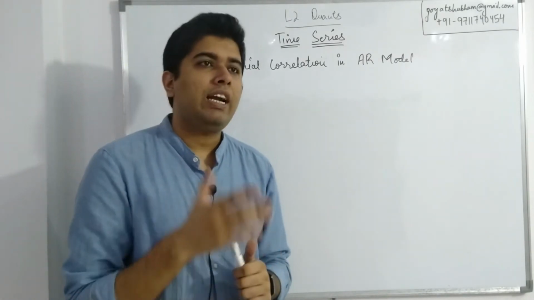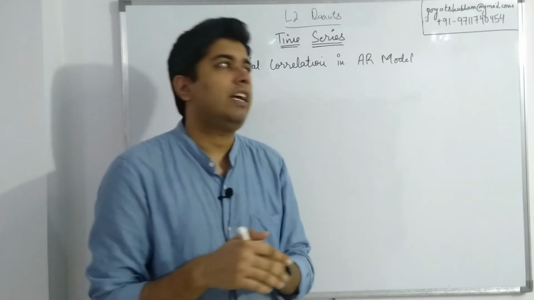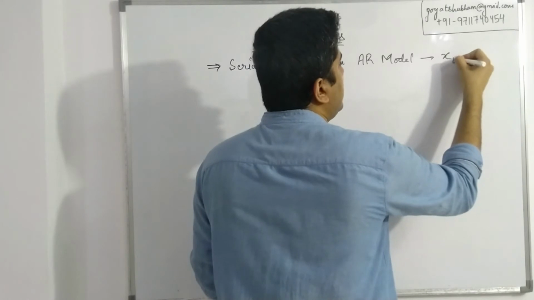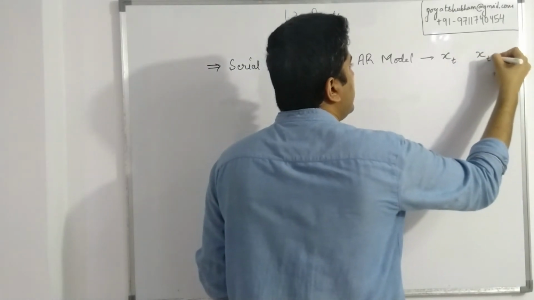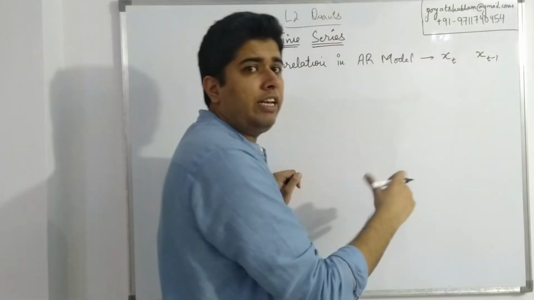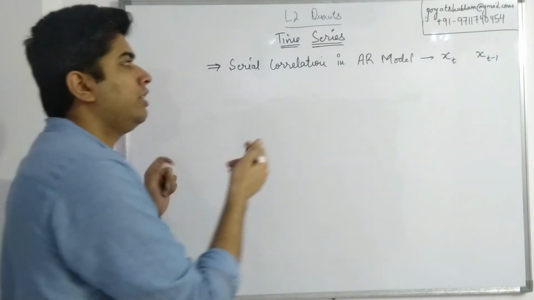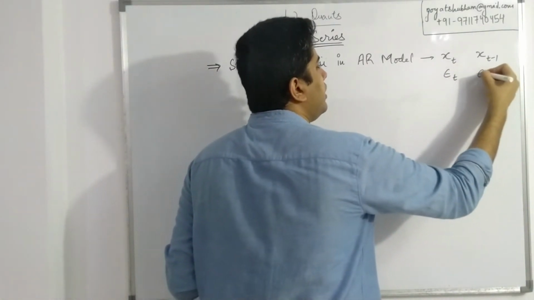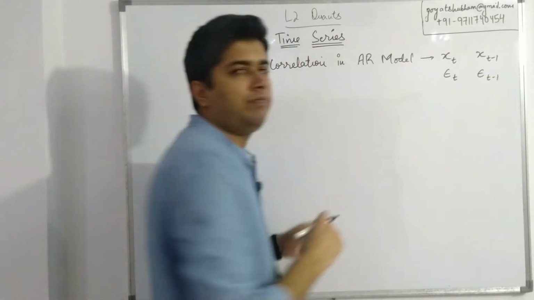So just like in the AR model we had xt and xt minus 1, similarly, now for the purpose of serial correlation, I'll use error t and t minus 1.